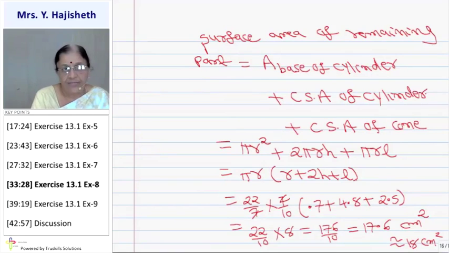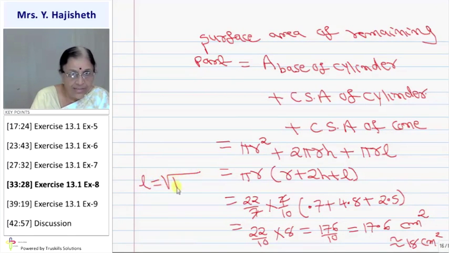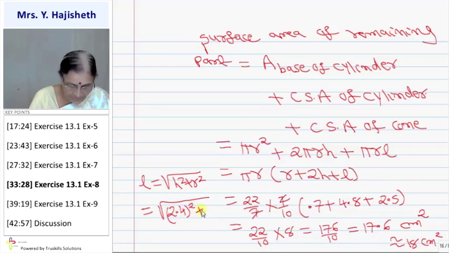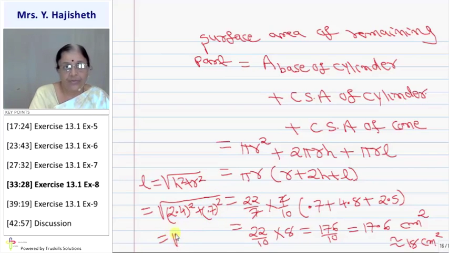L is under root h square plus r square. अंडर रूट एच स्क्वायर मतलब 2.4 स्क्वायर एंड आर स्क्वायर मतलब 0.7 का स्क्वायर. तो इट इज अंडर रूट 5.76 प्लस 0.49. क्लियर? सो व्हाट इज इट?